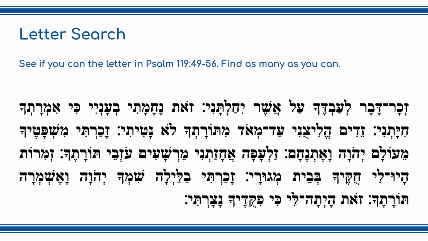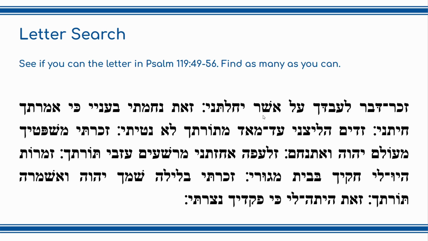Okay, moving on. We're going to take a look at a passage in the Bible, again Psalm 119, and you're going to try to see how many mems you can find. You can find mem or mem sofit, it doesn't matter. Just find as many as you can. I'm removing the vowels so you can focus on these consonants, which you're learning. And I'm going to highlight God's name in blue so you know where it is.